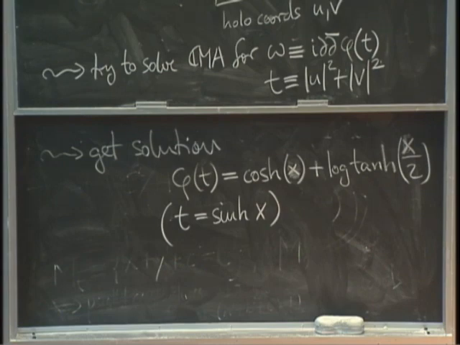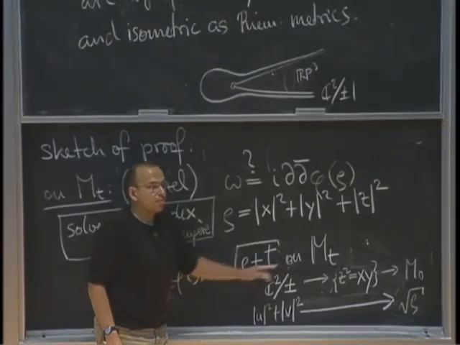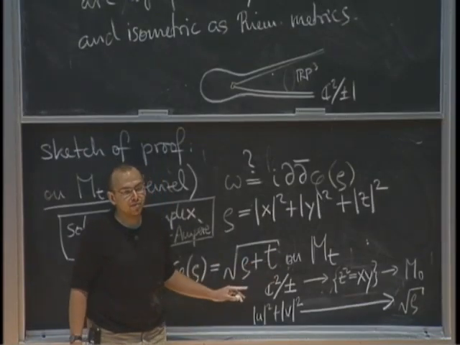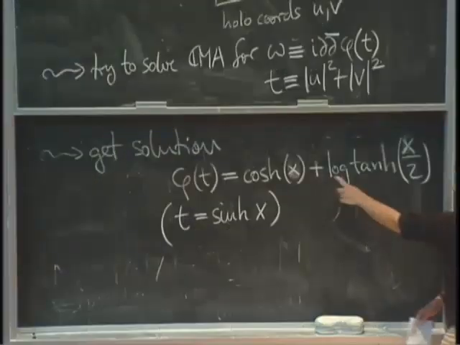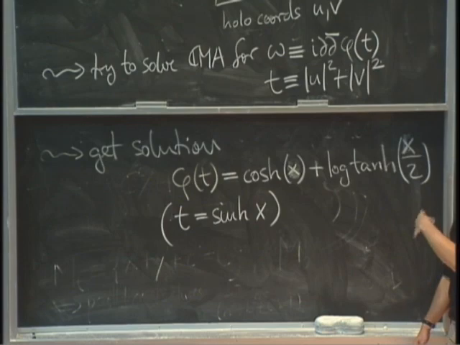And what you can see here is that the solution over here was just a perfectly nice smooth function on my manifold, globally defined and smooth. And here you're seeing that this guy has a logarithmic divergence at the origin.